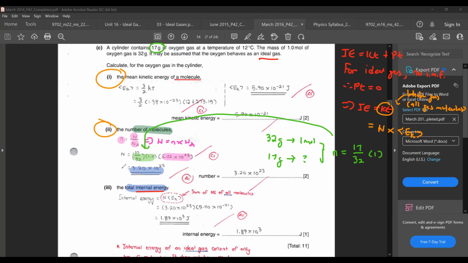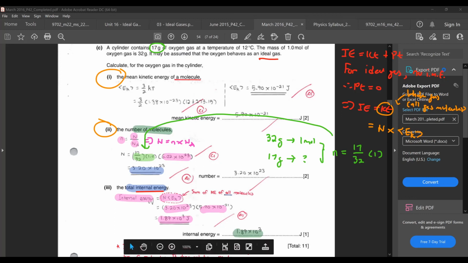So all you need to do is multiply them together. Your internal energy is N times EK. Just multiply their values together. You're going to get 1.89 times 10 power 3 joules. Just like that.